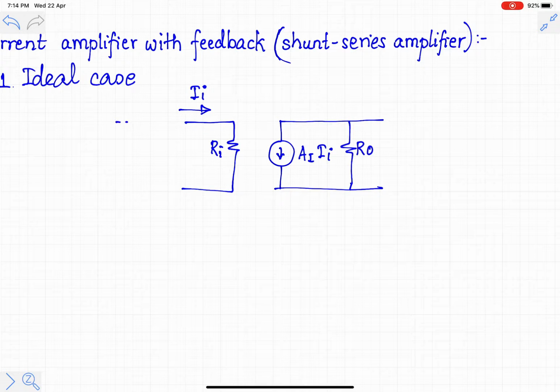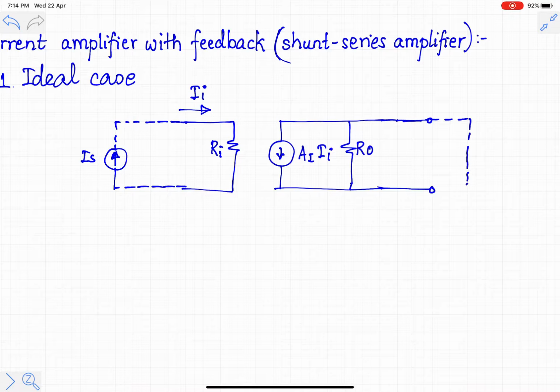Generally what we do is we apply the current source on the input side with value equal to Is, and in ideal case we short circuit the output terminals of the feed forward amplifier. So we assume the load impedance to be 0.